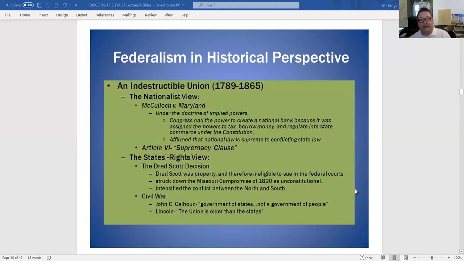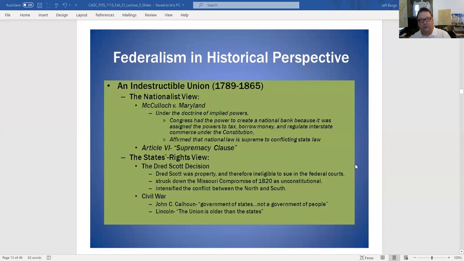Well, Congress decided to charter the first Bank of the United States in 1791, only upon the conditions that it would only last for 20 years. And that's what happened. So from 1791 to 1811, we had the first national bank.